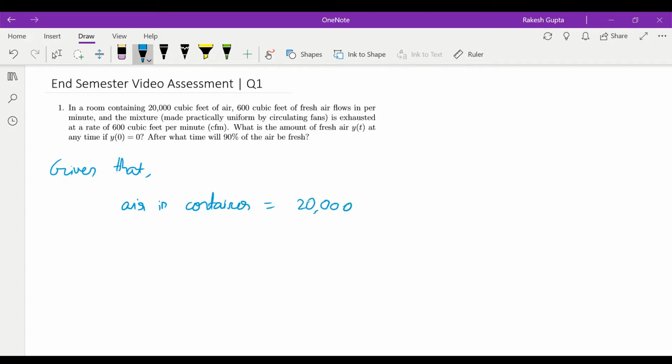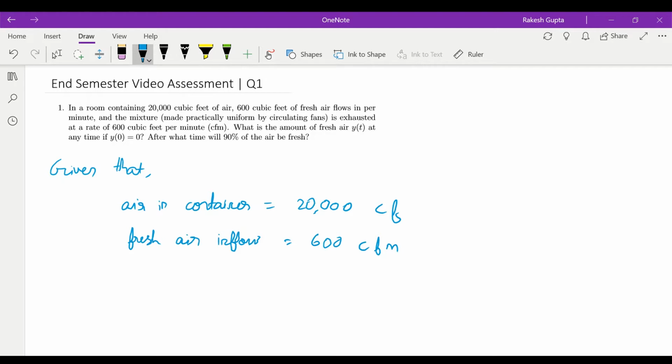I'm just going to write cubic feet as CF, and the fresh air inflow is given as 600 cubic feet per minute.